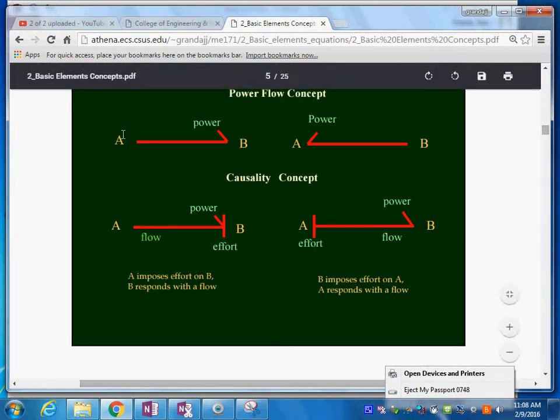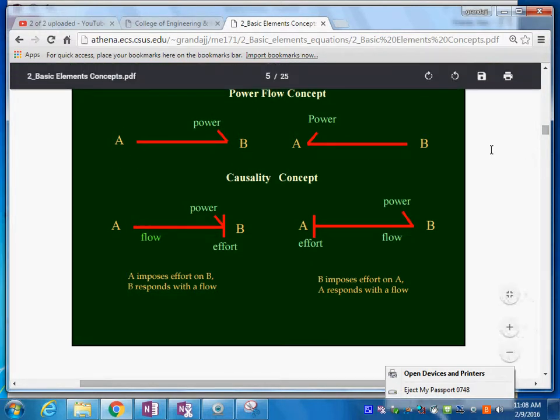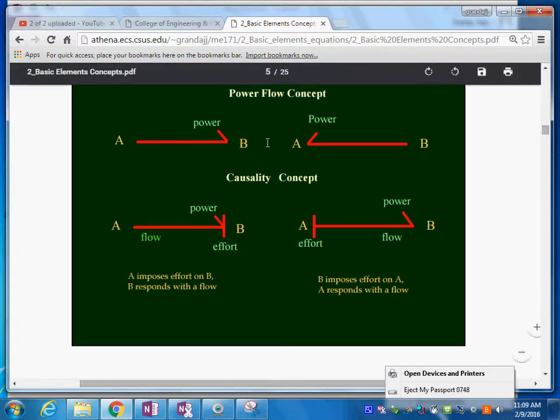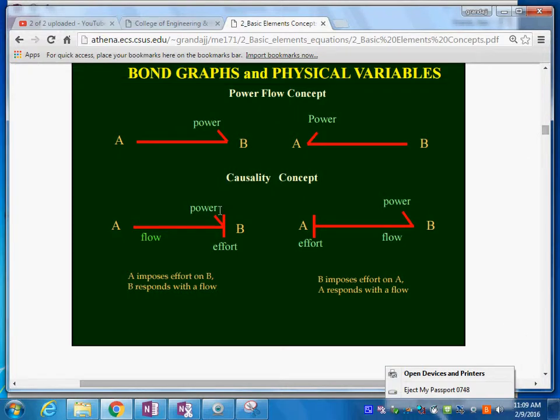Instead of just having the power flow, we add this crossbar. The way you interpret this is as if you were to hold it like a little piston and then you can push it to the side. Let me see if we can actually draw this.